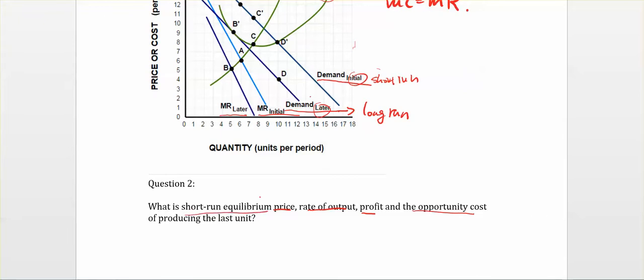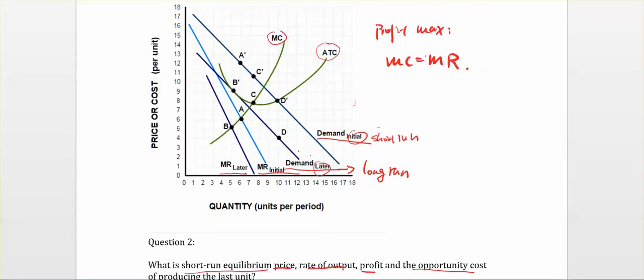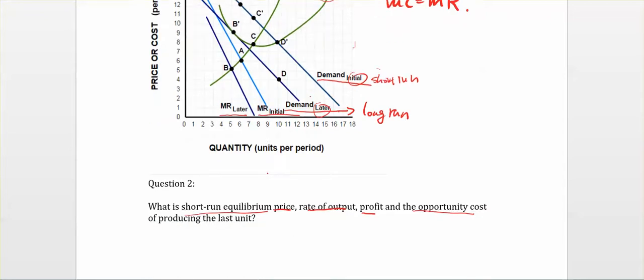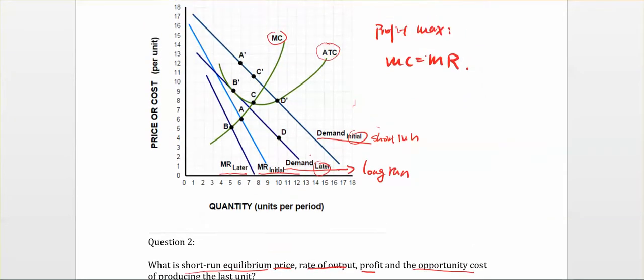What we should look at is the initial demand curve and initial marginal revenue curve. Since we know marginal revenue equal to marginal cost is the profit maximization point, we should first find the quantity which can maximize the profit.